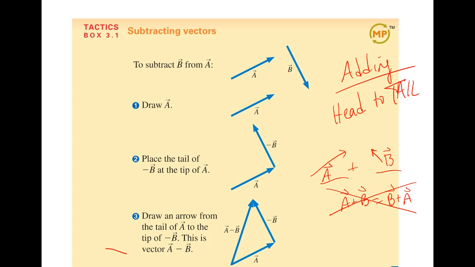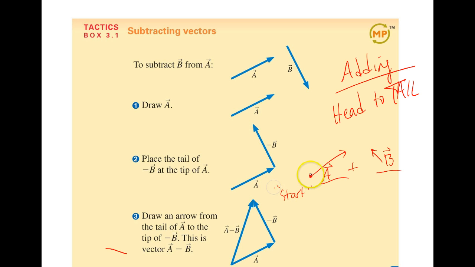So if you have A plus B, then you must begin with the A, and wherever it starts, that's sort of your starting point. Let's call that start. We leave A alone.